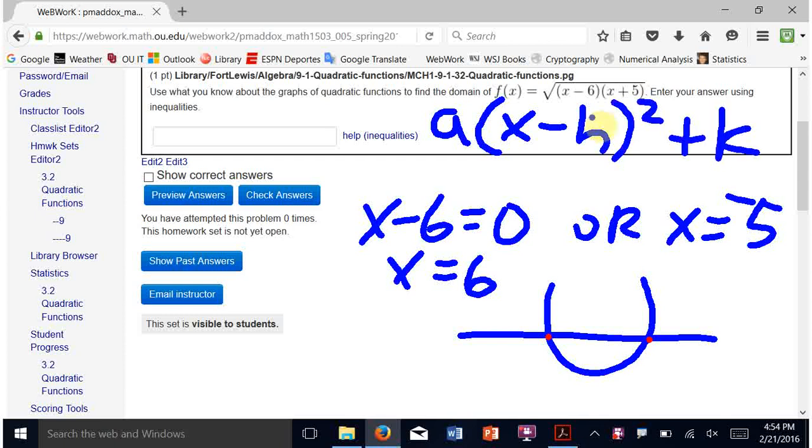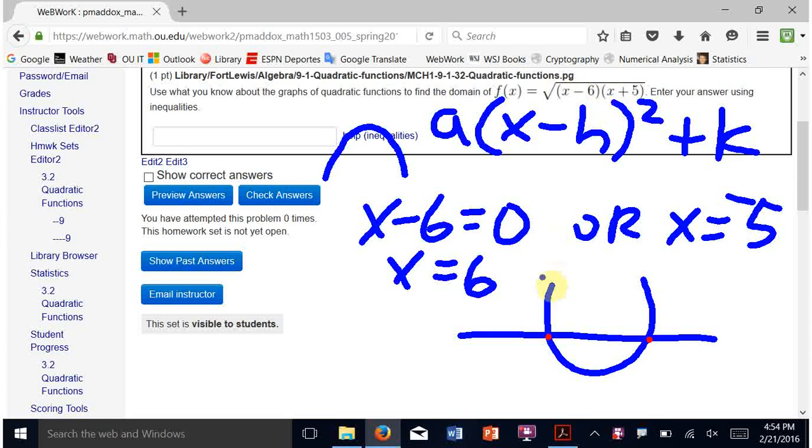So this a is the same whether you use the ABC form or the vertex form. Okay, so this a, when it's positive, means our graph is opening up. This a, when it's negative, means our graph is opening down. Down, like that.